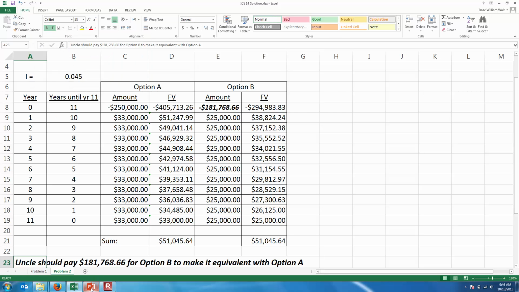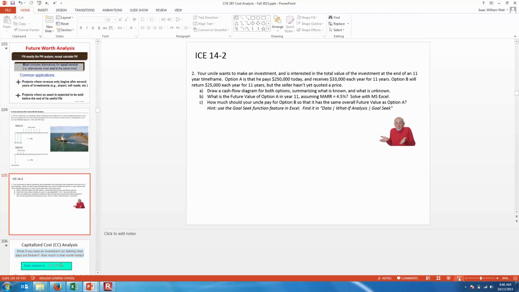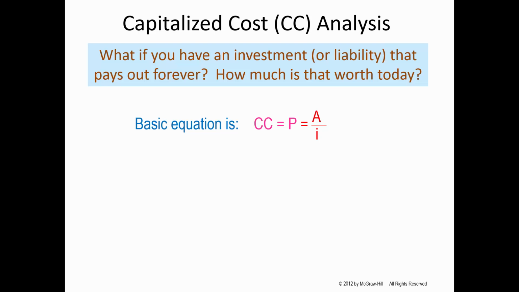Okay, guys, we're running out of time, so I want to show one more slide before we end the class. And that is something called capitalized cost analysis. Capitalized cost basically asks the question, what if you had an investment that lasts forever? What if you put money into the bank and you'll get interest indefinitely?